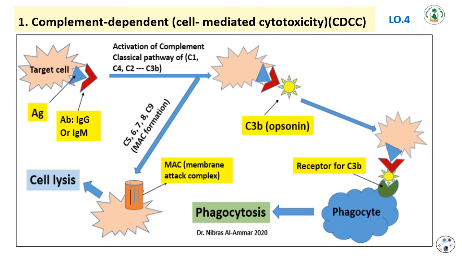Or it can proceed through C5, 6, 7, 8, C9 to membrane attack complex formation, leading to lysis of the target cell.